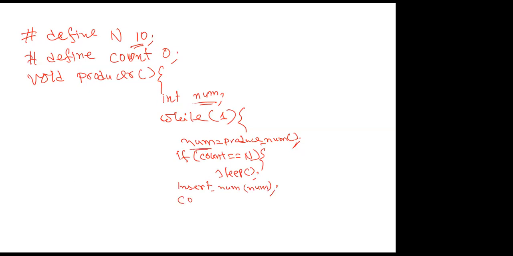Also it will increase the count value, count equals count plus 1, and then it will check if count equals 1, which means there is at least one value that the consumer can delete. So if count is 1, then this producer function will wake up the consumer function. Wake up consumer.